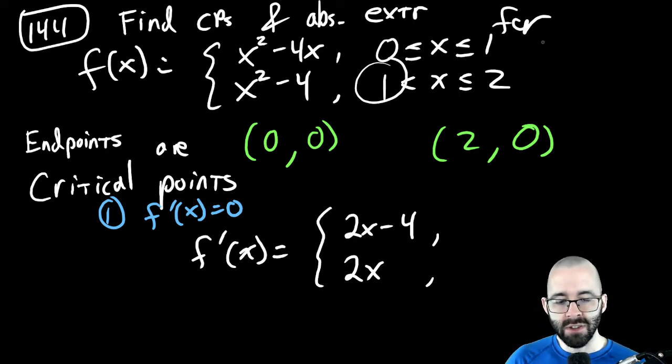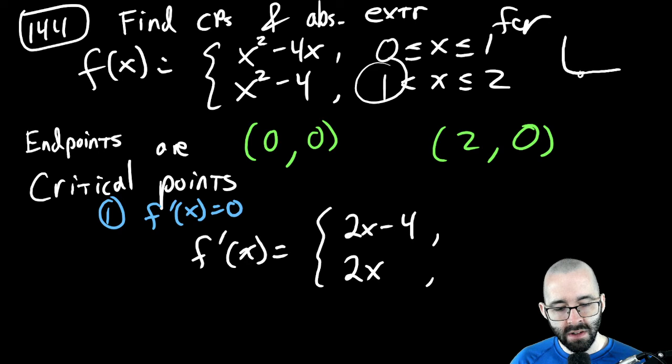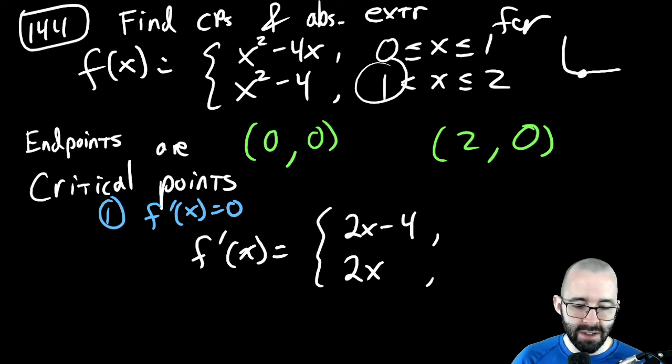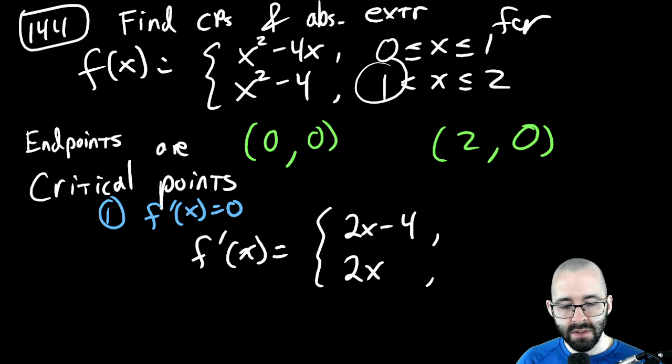Graphically, a piecewise function like this is continuous, but it's not differentiable where the pieces meet. But it could be something like this, where this is also a piecewise function, and the derivative does exist, because the slope from the left is 0 and the slope from the right is 0.